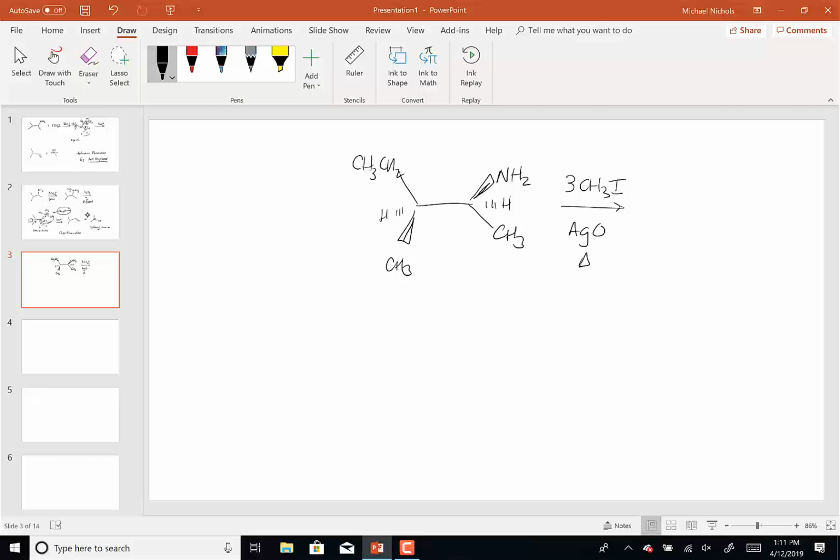The first thing is I'm going to alkylate it 3 times to form the ammonium. And then the heat is what's going to cause the elimination to occur.